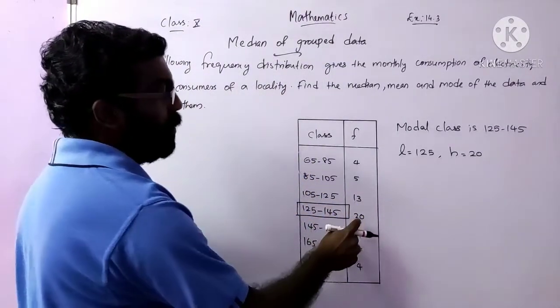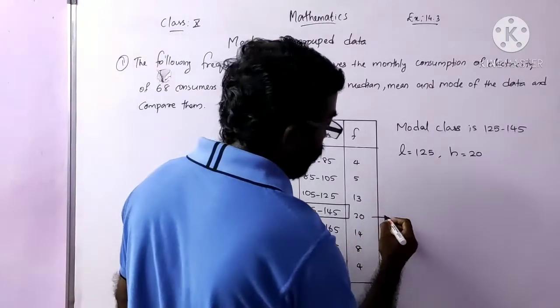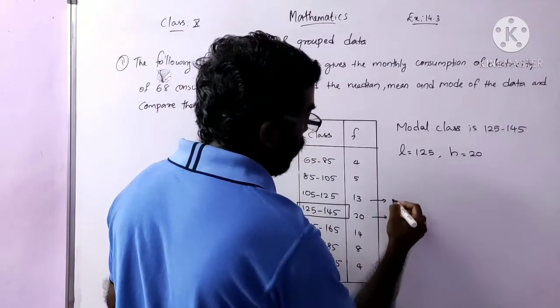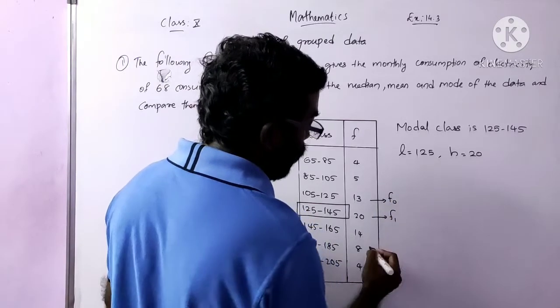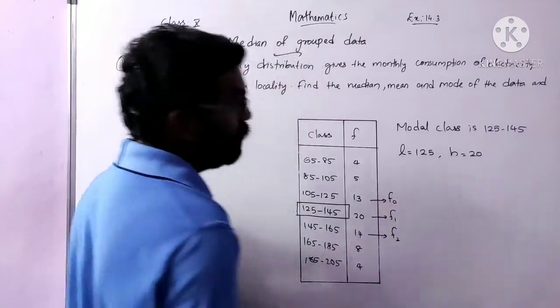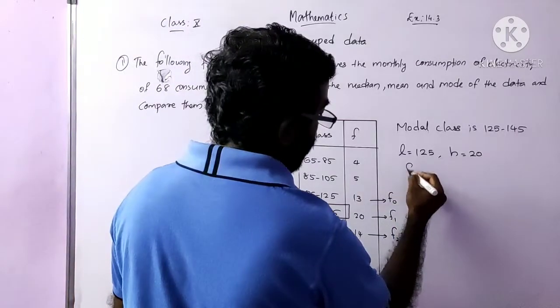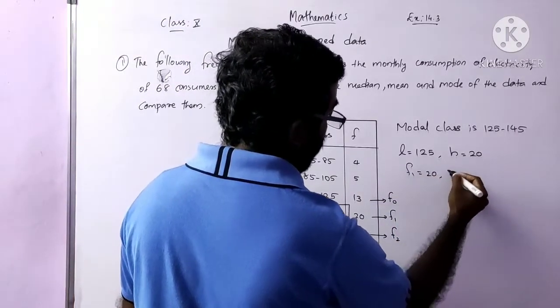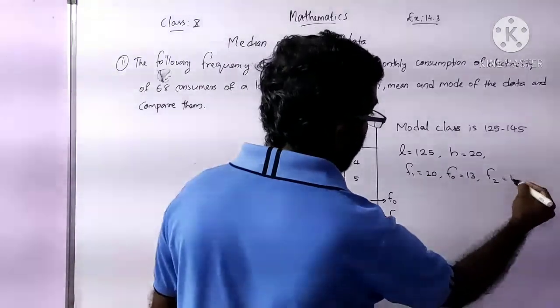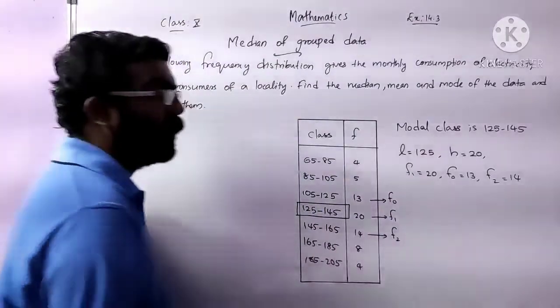The frequency of the modal class is f1, the frequency of the class preceding the modal class is f0, and the frequency of the class succeeding the modal class is f2. So here f1 is equal to 20, f0 is equal to 13 and f2 is equal to 14. Okay.